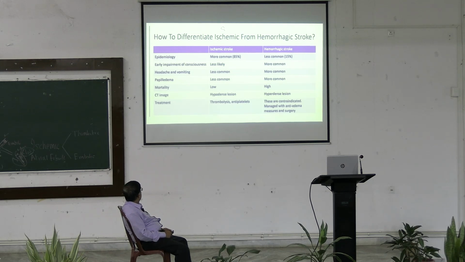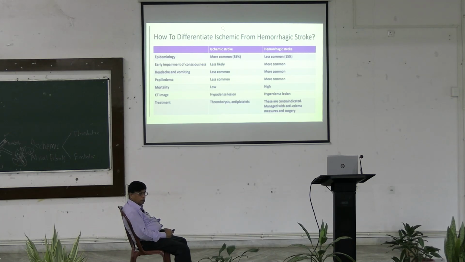Then treatment. In ischemic stroke, the treatment is thrombolytic drugs, and anti-epileptic drugs if there is convulsion. If there is an embolus or a thrombus, you will benefit from giving thrombolysis.